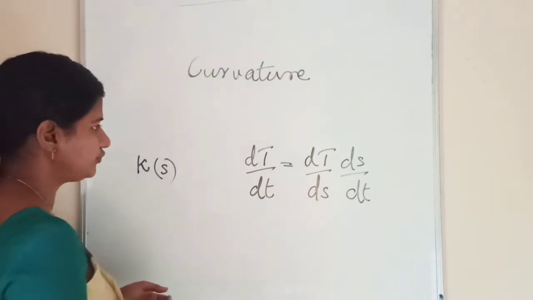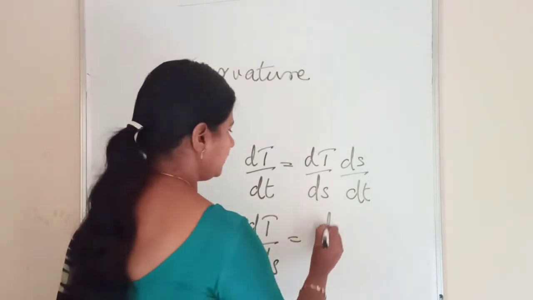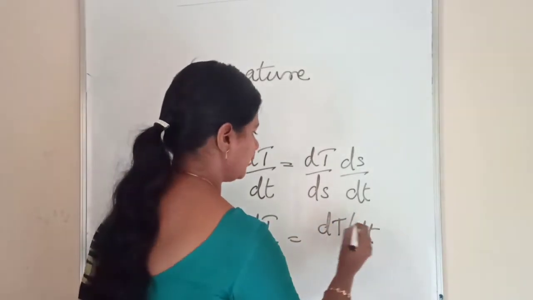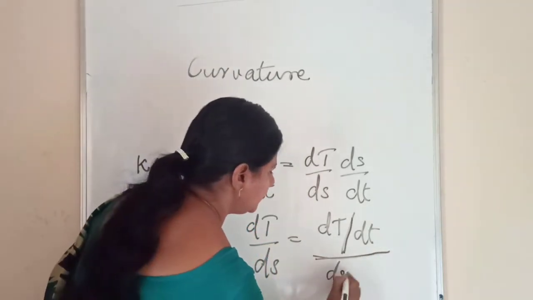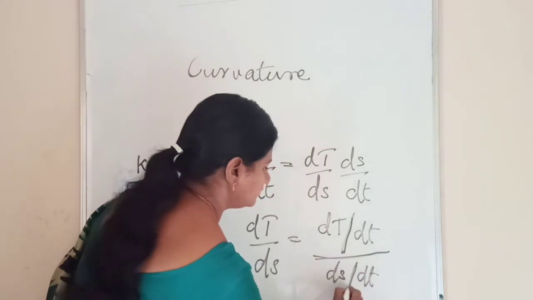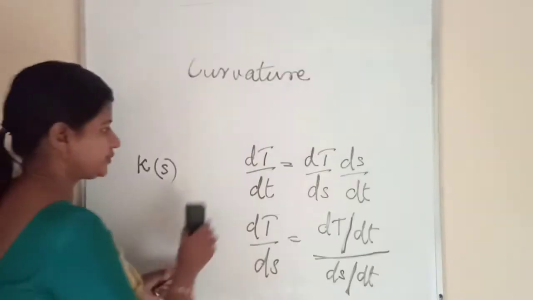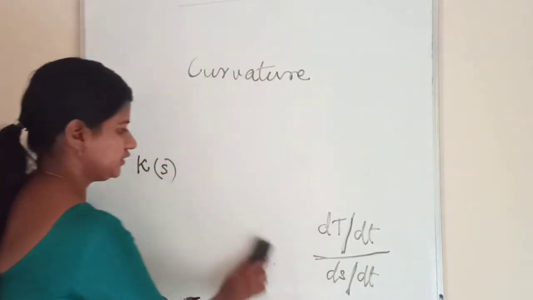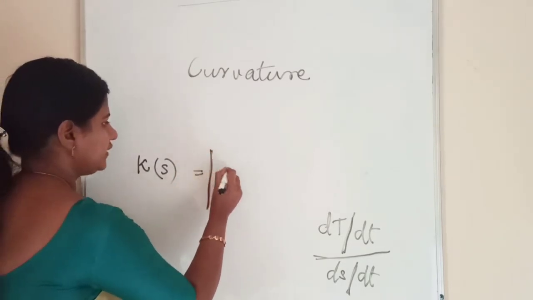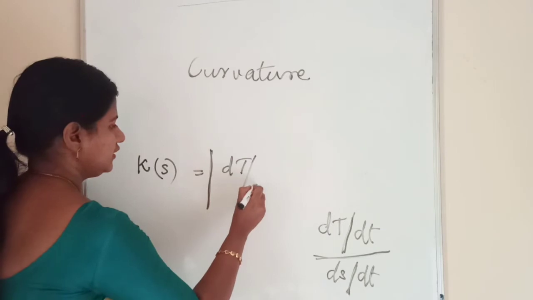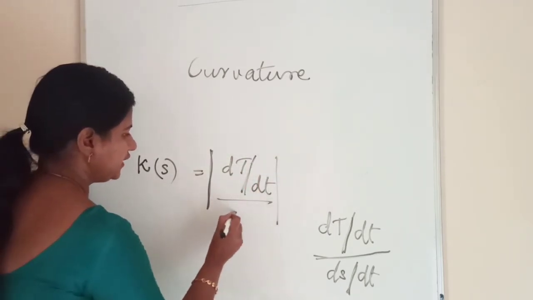And from this we have dT by dS equal to dT by dt divided by dS by dt. And so we can express kappa of S as the modulus of dT by dt divided by dS by dt.